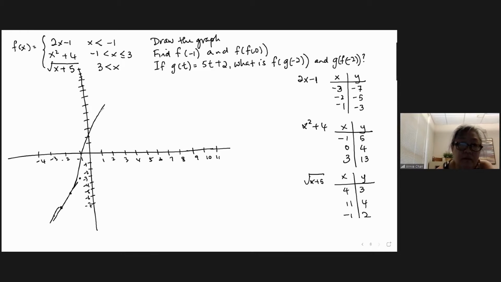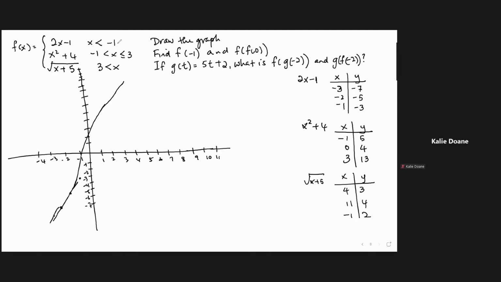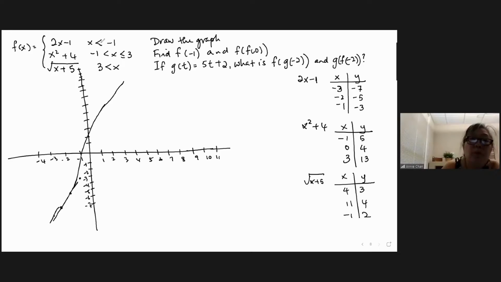Right? My interval is telling me that I only want the line where x is smaller than -1, so I don't need this part here. I only need it to go all the way up to -1, which would be here.